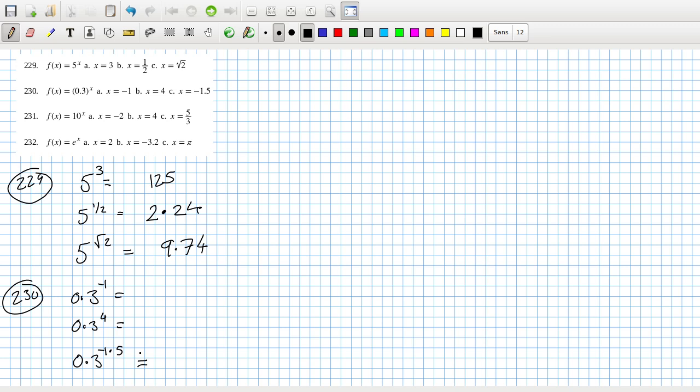0.3 power minus 1 is 3.33. And then 0.3 power 4 is 0.0081. So that's kind of weird.